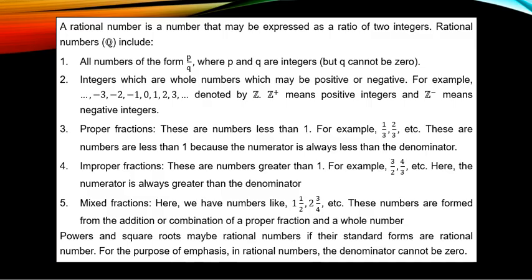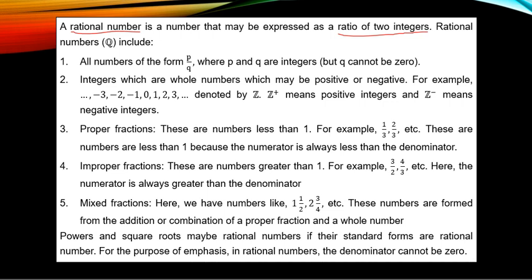Okay, so we start by looking at rational numbers. Listen carefully. A rational number is a number that may be expressed as a ratio of two integers. In ratio you can express them in fractional form.